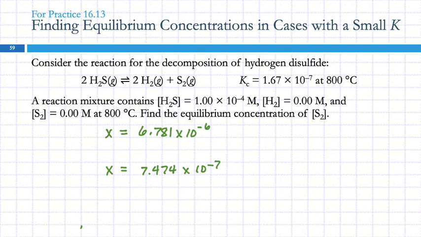So those are different, right? Those are not the same. Looking at that percentage and seeing that our x is small answer here was 7.5% of what we were subtracting it from, tells us it's too big. We can't use x is small.